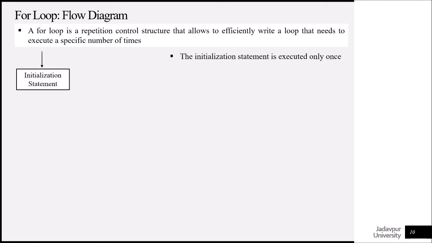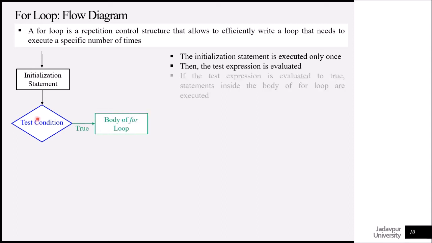First of all, there is the initialization statement. Here, the initialization statement is made part of the syntax of the for loop, and this statement is executed only once. After that, the control moves to a test condition or test expression, and this test expression is evaluated to true or false.